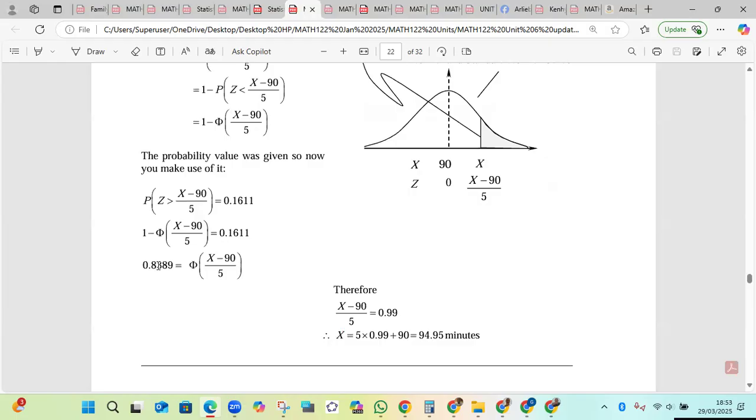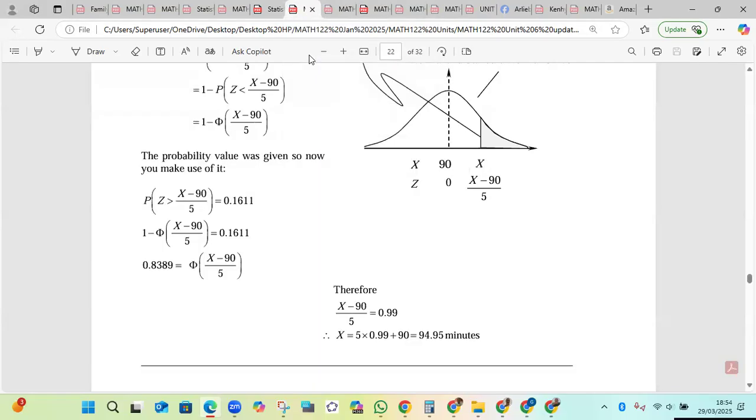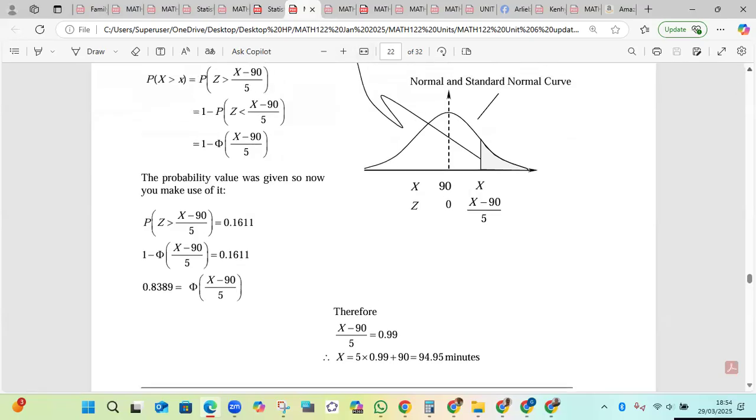But for another table that is calibrated with tails, you could have used the 0.1611 directly to get Z. Okay, you can look up other standard normal tables that are calibrated for tails, and all the probability values would be less than 0.5, and you would have gotten 0.1611 there, and you will see that it would be the same as 0.99. Okay, and then you solve for X. So I hope this helps us with question number 23.